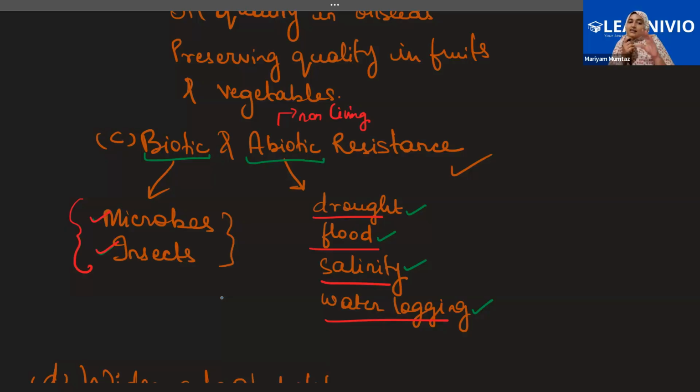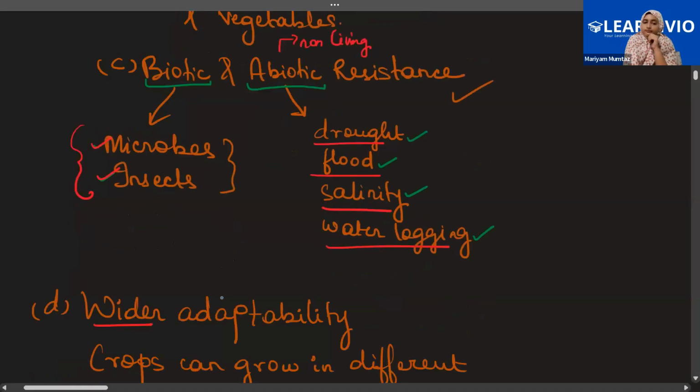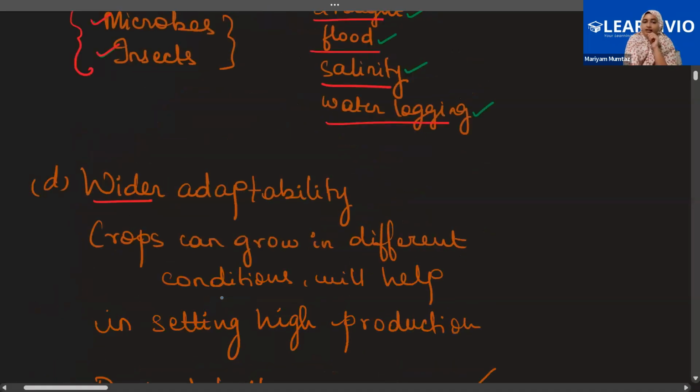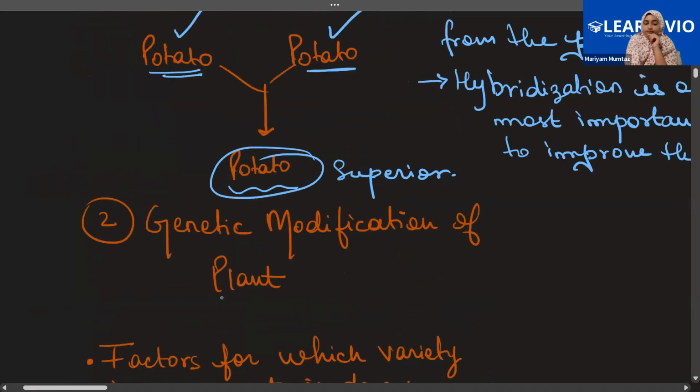If the plant is resistant to that, meaning it can withstand that, then the plant will not be affected. Same goes for the non-living factors that affect the plant. That is drought, meaning scarcity of water. Then there is flood, meaning excess of water. Then there is salinity. Salinity means increase in the salt content of the soil and also water logging. Okay, this much is clear, students?